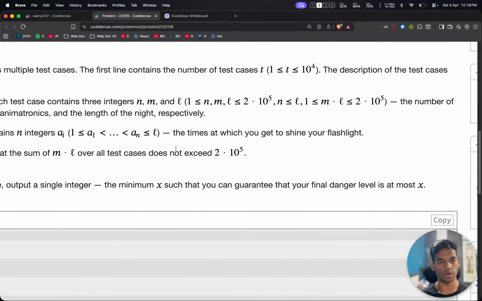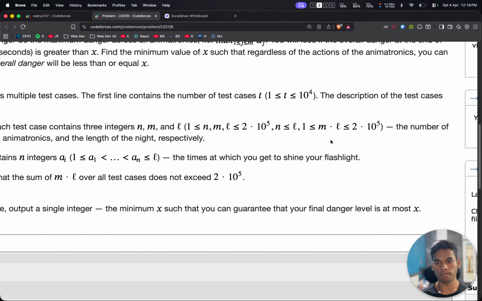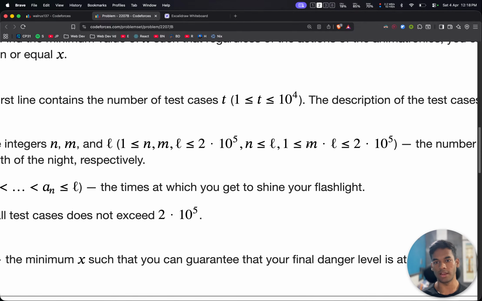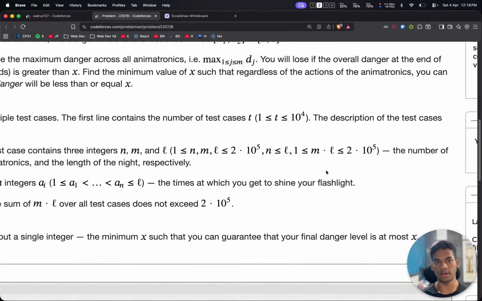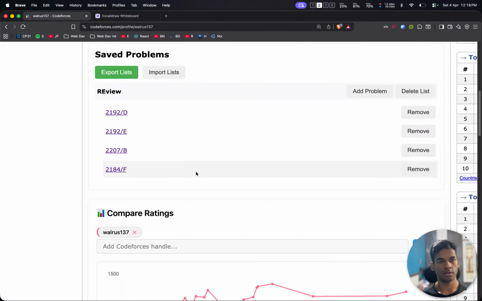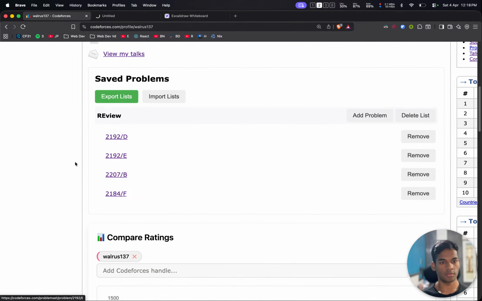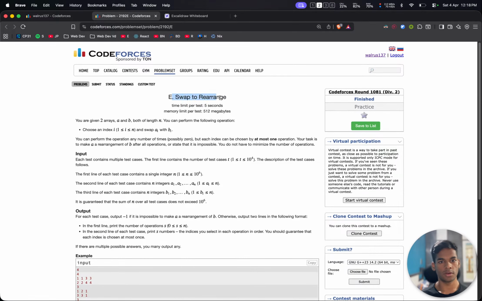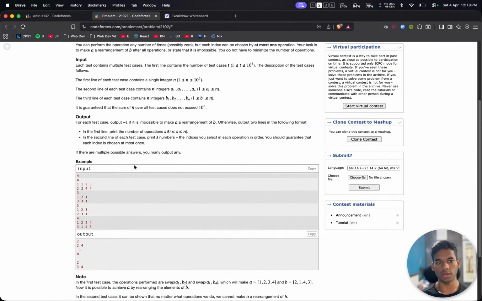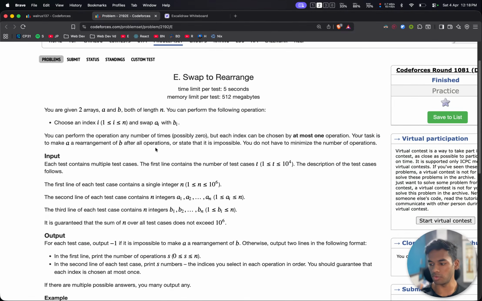We had to do a n square algorithm, and the hint was this thing, m into n, so we can have an algorithm which goes big O of m into l time complexity. And what was this? Swap to rearrange. Okay, we have not done this one. Let's do this.